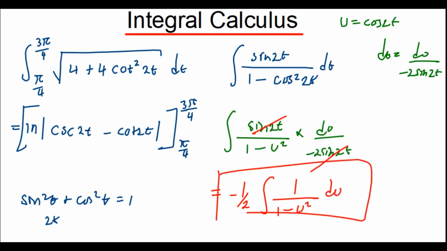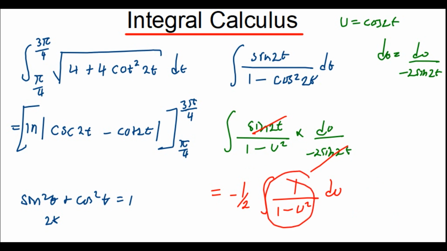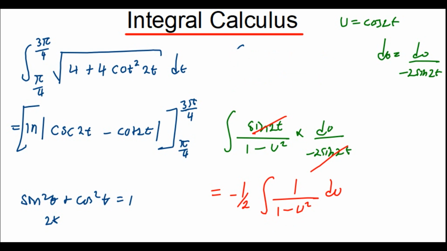I believe you're able to end that. So what you do here is break this one down into its equivalent partial fractions. How is it going to unfold? It will be minus 1 over 2, and I can choose to write that as 1 over 1 minus u.